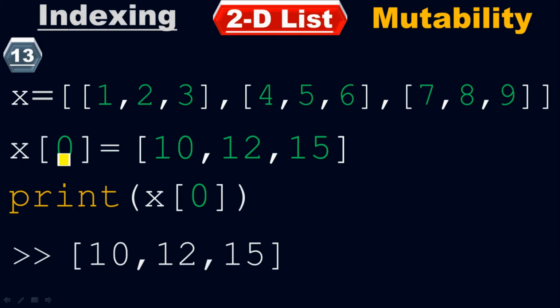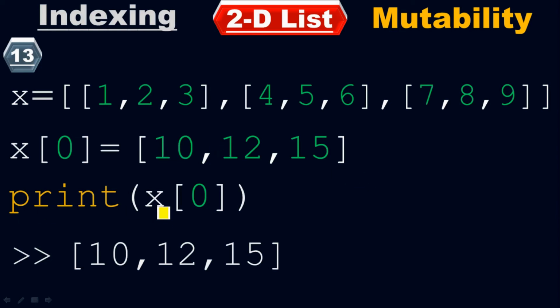So at index 0, we have this very first item from here up to here, which is a sublist. Now, if I make it equals to 10, 12, 15, it means that this whole list has been replaced by a new list with the sub-items 10, 12, 15.